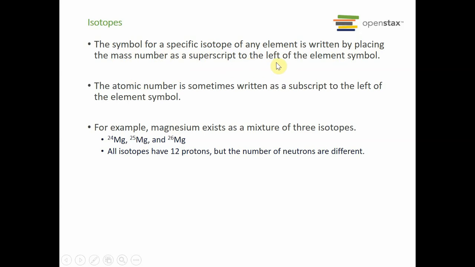superscript to the left of the element symbol. Okay, so isotopes vary by the mass, and so the symbol is the symbol of the element, but with a mass number as a superscript to the left. The atomic number is sometimes written as a subscript to the left of the element.